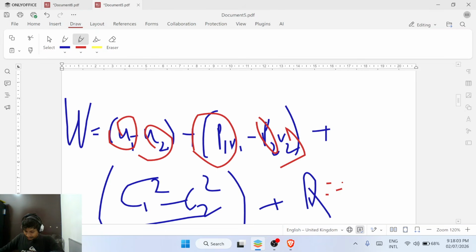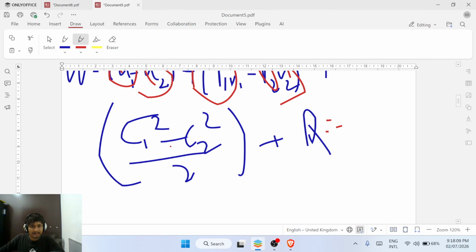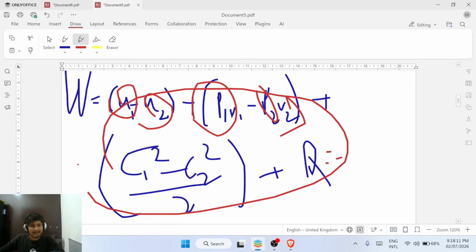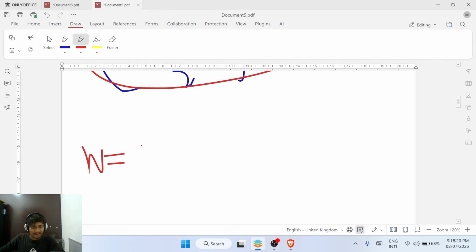Q is equal to minus 4 into 10 to the power 4 joule per kilogram. If you substitute the real values instead of these English letters, you finally get the final answer for work.